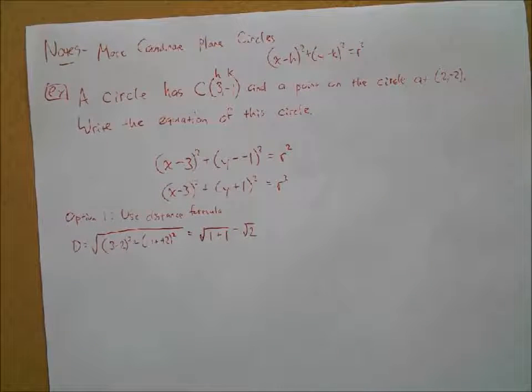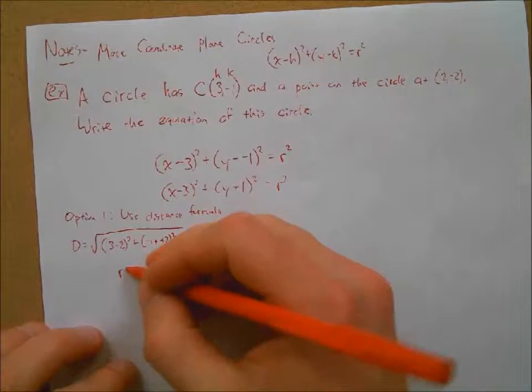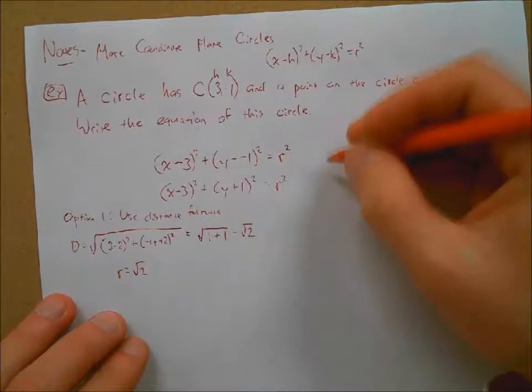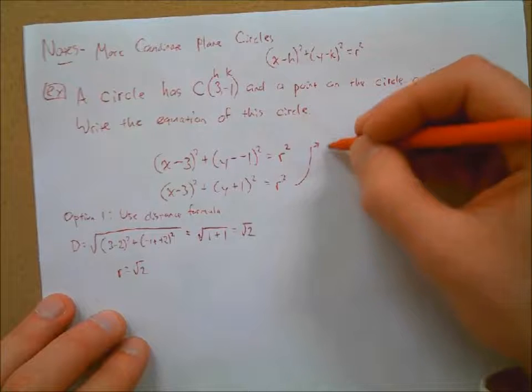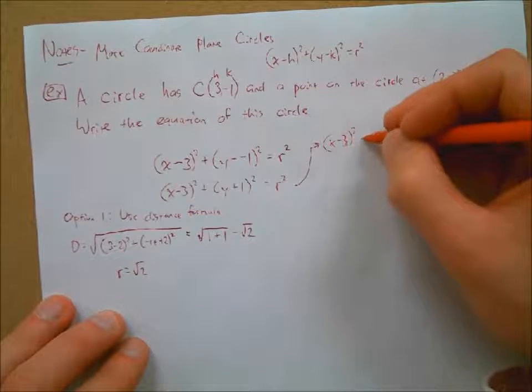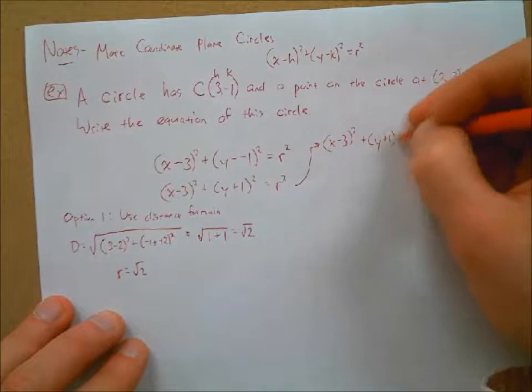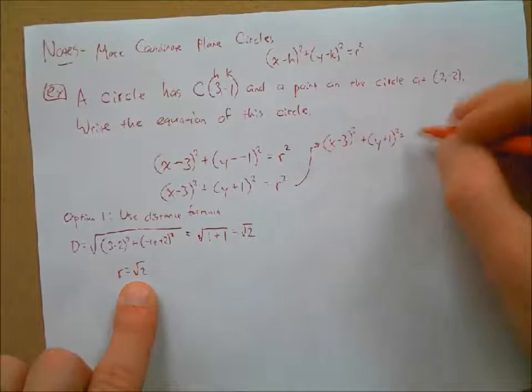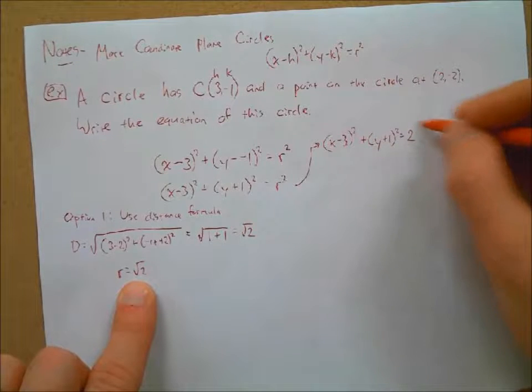So the radius is the square root of 2, which means the equation for our circle is (x - 3)^2 + (y + 1)^2 = (square root of 2)^2, which is just 2. So there's the equation of our circle.